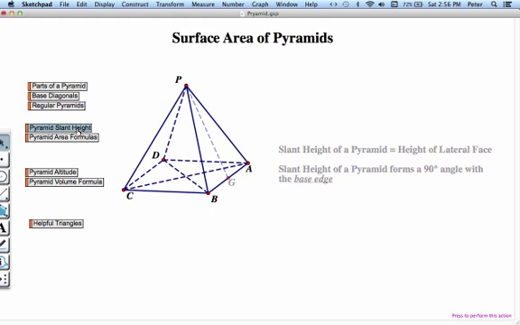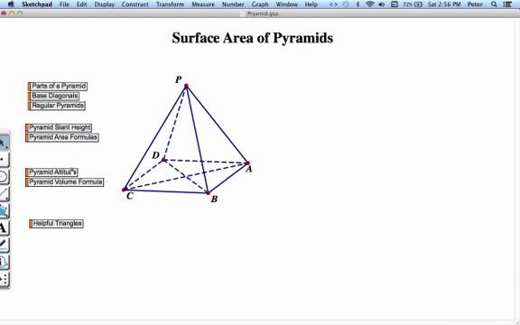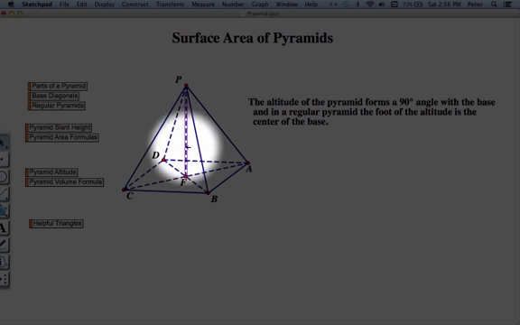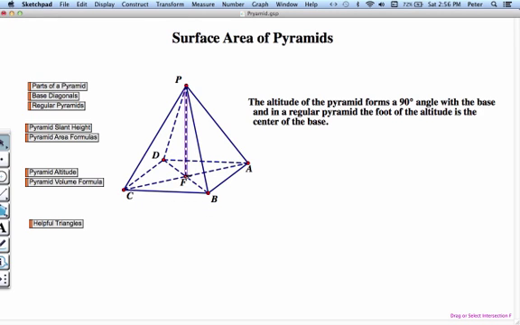Okay, let's take a look at one other part of a pyramid that's going to become useful in this chapter, but not in this section, and that's the pyramid's altitude. The altitude stretches from the vertex to the base, and it meets the base at 90 degrees.